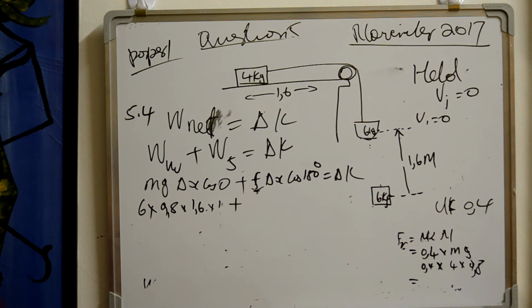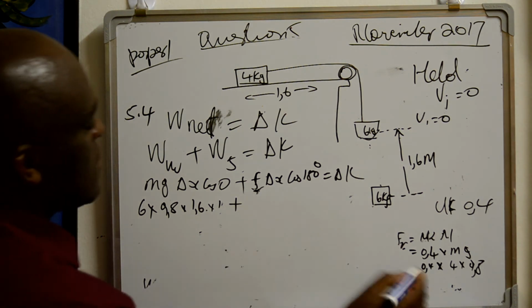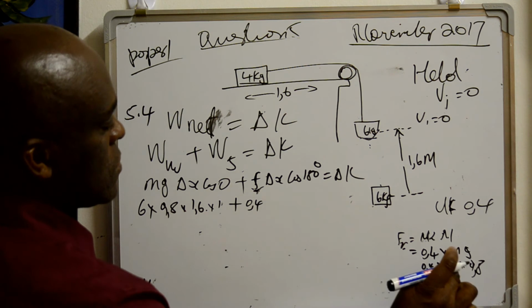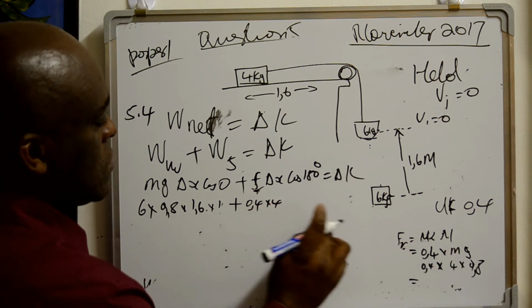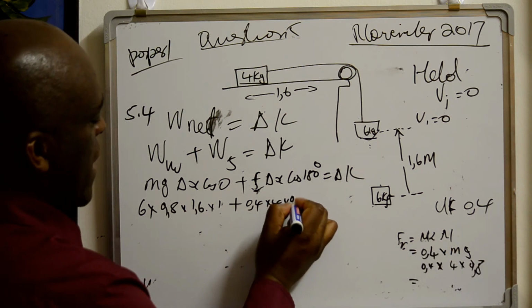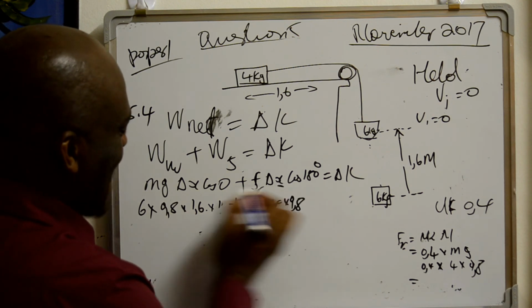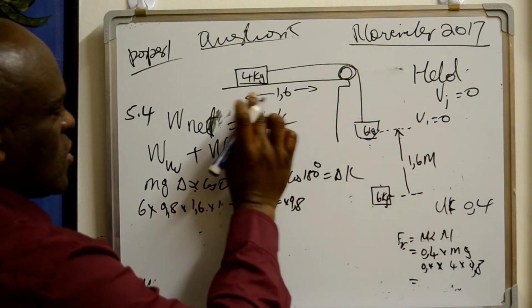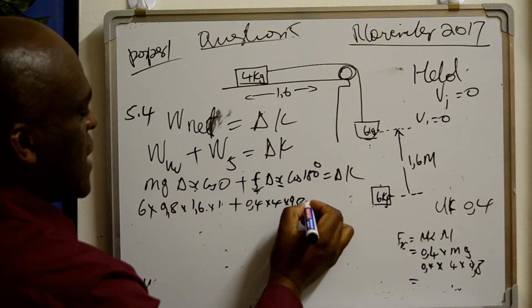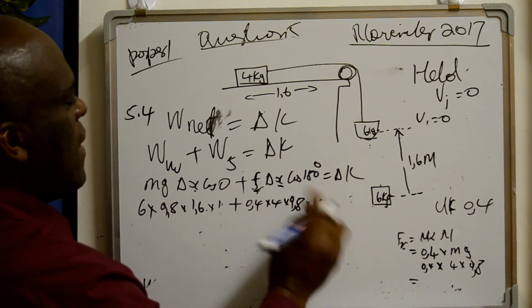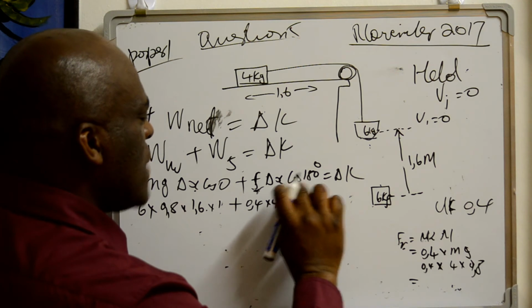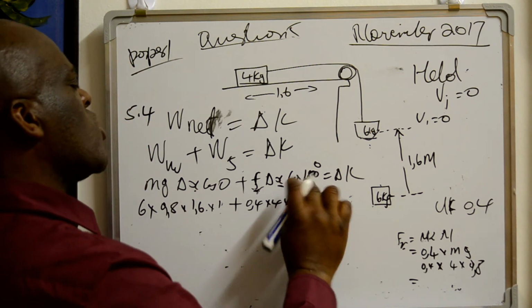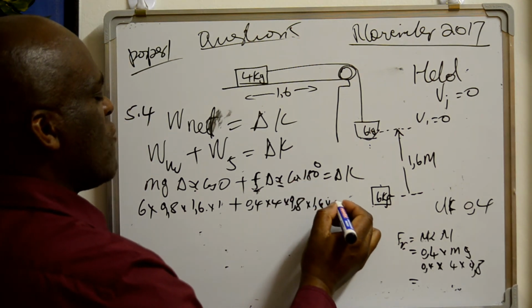Let me say it's 0,4 times 4 times 9,8. My delta x is the same. If this goes down 1,6, the other should also move 1,6, so times 1,6. Then cos 180 is times -1.